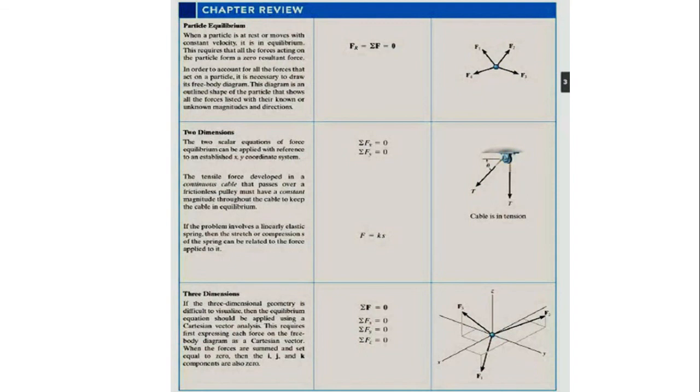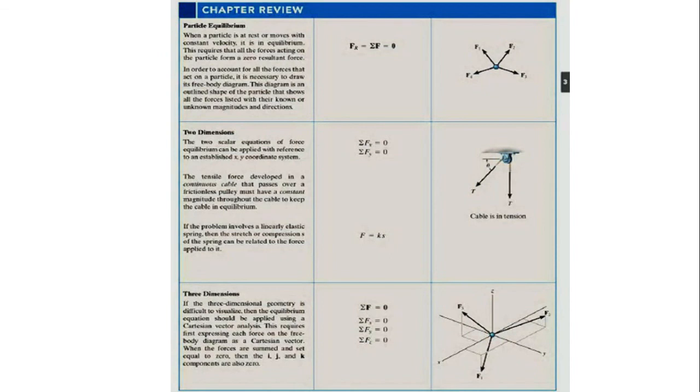And then if that equilibrium is a 2-dimensional system, you can see there is a cable acting on a pulley, how you apply it, and if there is a spring, what equation you use, like F equals Ks, and remember s is the deflection, the final length minus the initial length.